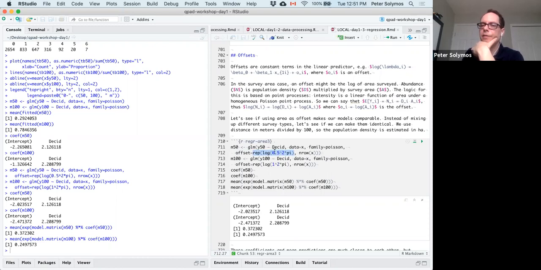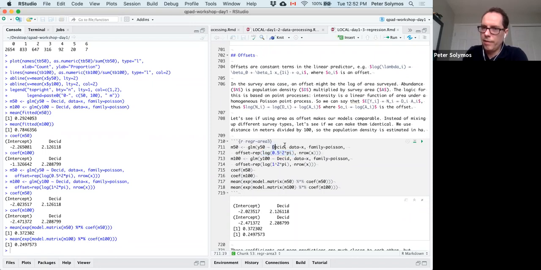This relates to the 50 meter, but 50 divided by 100, so that we can talk about area in hectares. So this is my area based on the known distance, 0.5 squared times pi. We take the log and repeat it as many times as the number of rows in our X table.